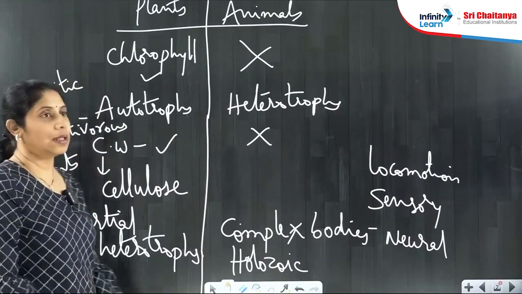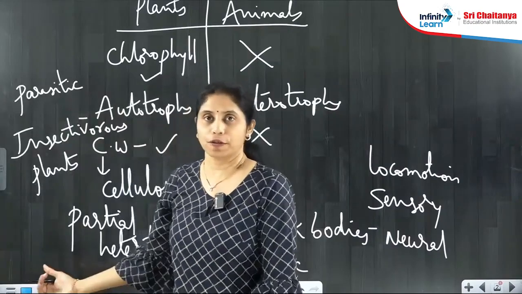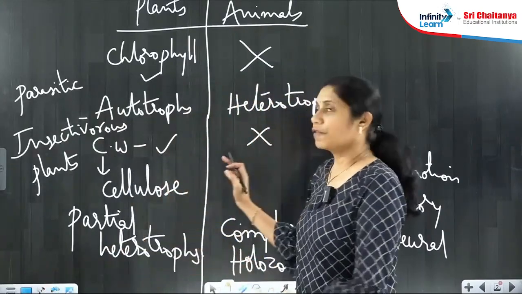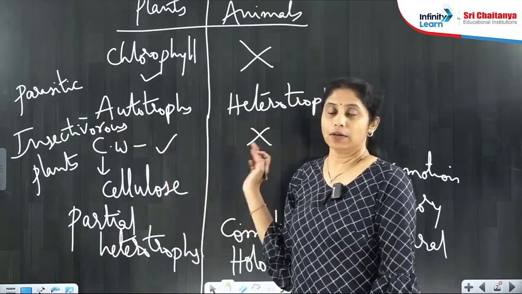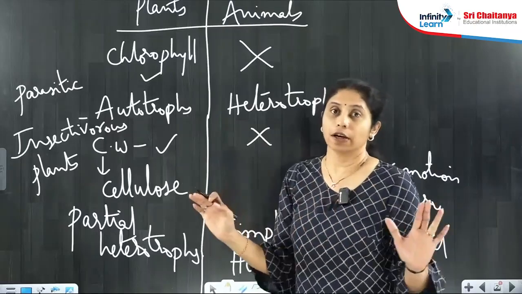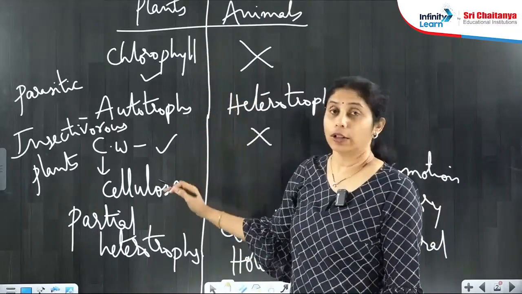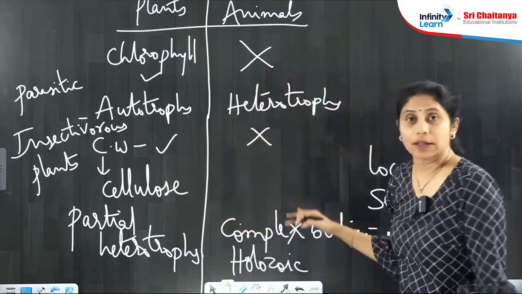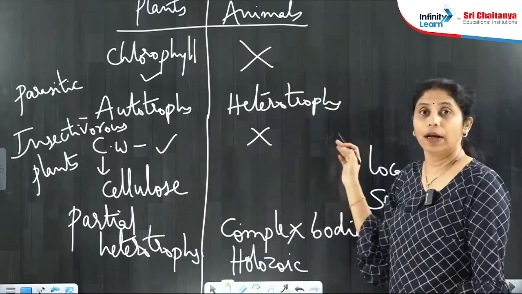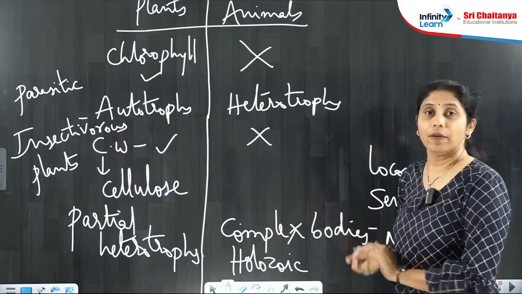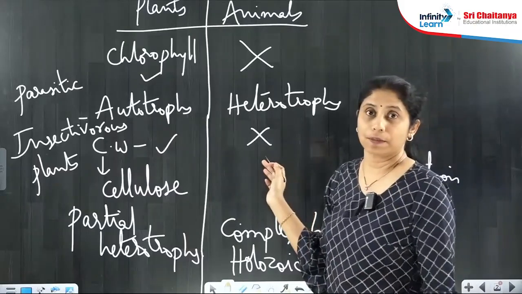They will come under partial heterotrophs. These are the basic differences between plantae and animalia. So we have covered the 5 kingdoms. About plants you will be learning in the plant kingdom, all the remaining details. About animals, in the animal kingdom of zoology, you will learn other details. Just the basic information about plants and animals.